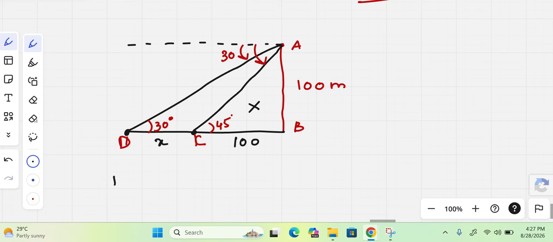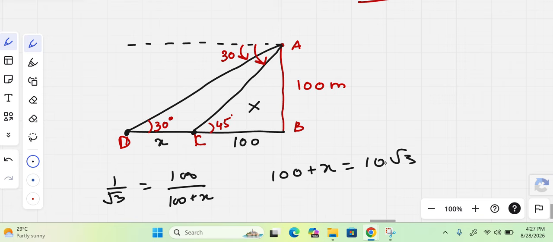So that is 1 by root 3 equal to 100 by (100 plus x). Correct? So 100 plus x equal to 100 root 3. So x is equal to 100 root 3 minus 100.